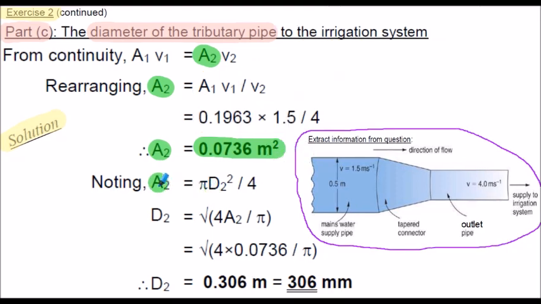Knowing A2, and knowing that the area is equal to pi d squared upon 4, we can rearrange the equation for the outlet diameter, labelled as D2 here. So D2 is 0.306 meters or 306 millimeters.